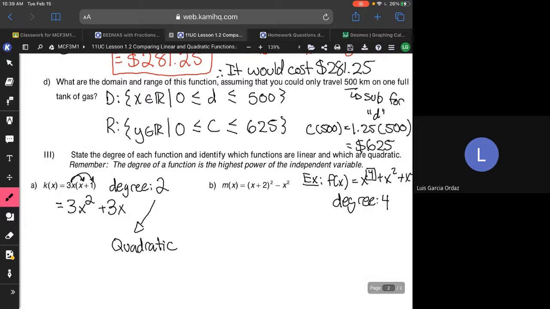Okay. B is going to be a bit more tricky. So we have m of x is equal to x plus 2 squared minus x squared. So we're going to have to do something similar to example A. We have to expand. Does anyone remember how to expand that perfect square simply without doing it in 2 brackets?